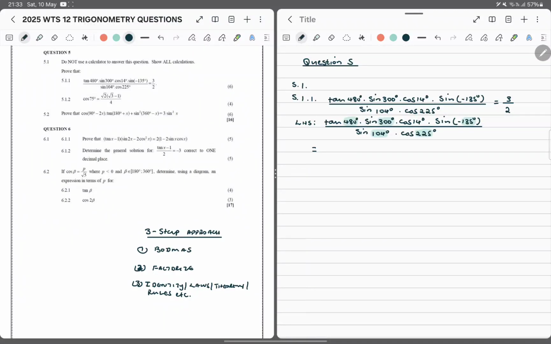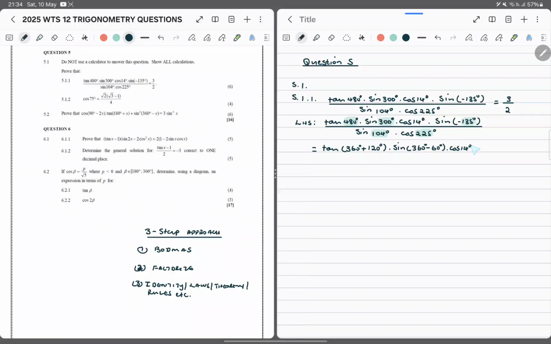So here we're going to use our BODMAS. We need to deal with reductions. So this is tan of 360 degrees plus. Let's see what's 480. 480 minus 360. That's 360 plus 120 degrees. Okay. Times sine 300 is 360 degrees minus 60.